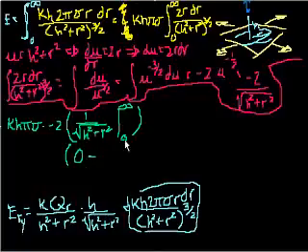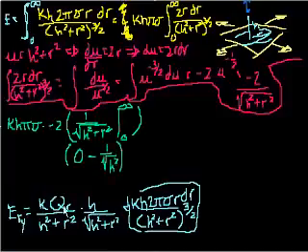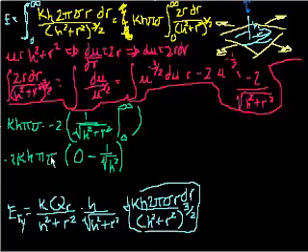So what happens when r is 0? When r squared is 0, we get 1 over the square root of h squared, right? So let's write it all out. This becomes minus 2k h pi sigma times 0 minus 1 over the square root of h squared.